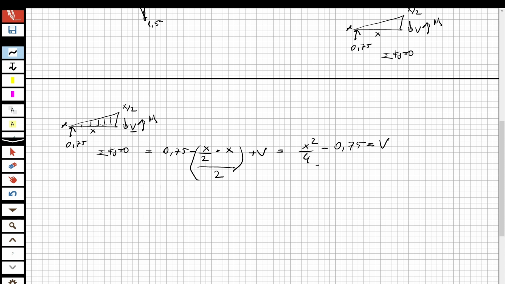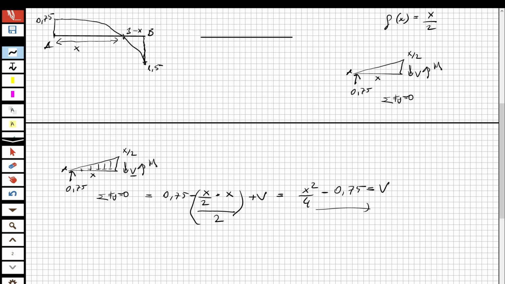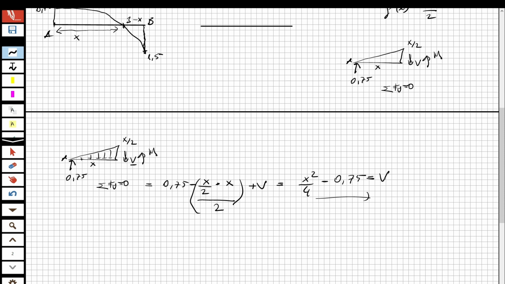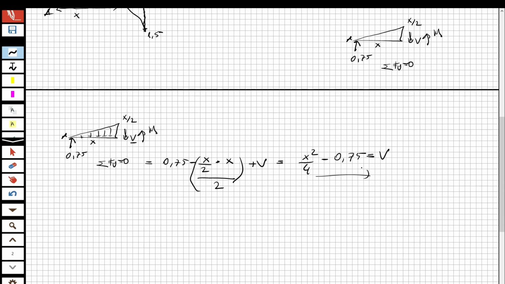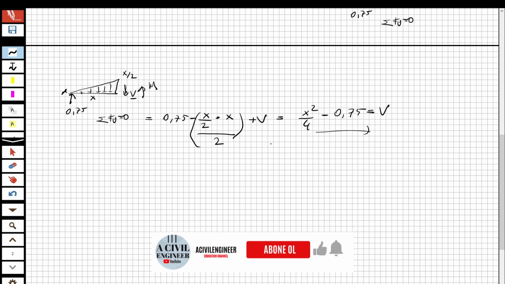This is the point where the shear is going to be 0. So when I write 0 instead of the shear, I'm going to obtain the point x. So let's calculate it.